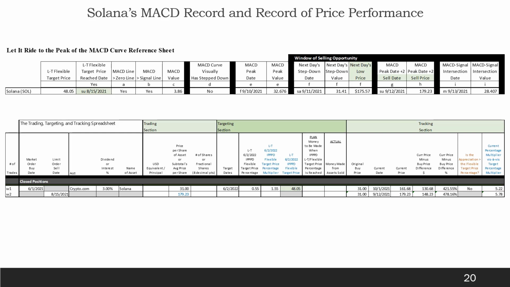Record of performance for watch list item Solana. Details of the price appreciation for the watch list item Solana has been brought down into the trading, targeting, and tracking spreadsheet. See the partial sell trade information of August 15th, 2021, which only was a hypothetical close position sell trade of a watch list item.